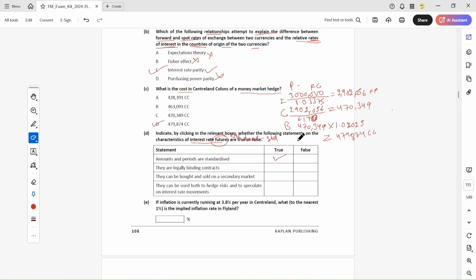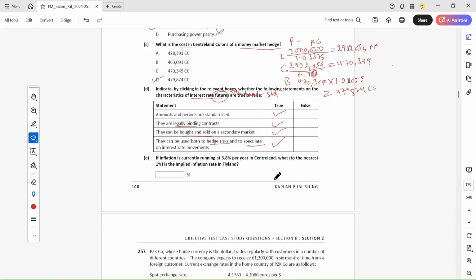Yes, true. They are legally binding contracts. Yes, all exchange traded contracts are legally binding. They can be bought and sold in the secondary market. Yes. They can be used both to hedge risk and to speculate. Yes, you can do it at the stock exchange.